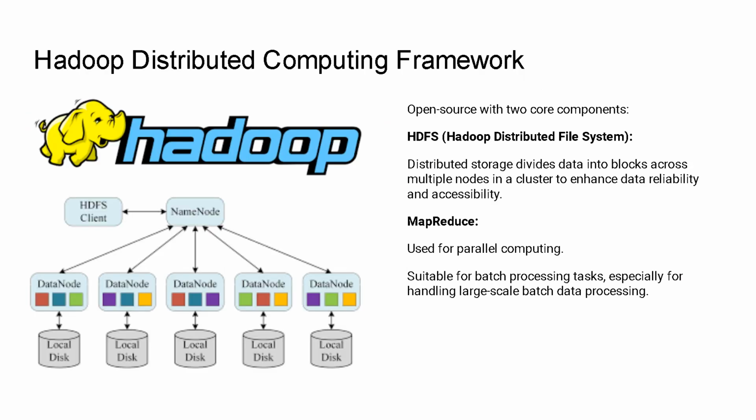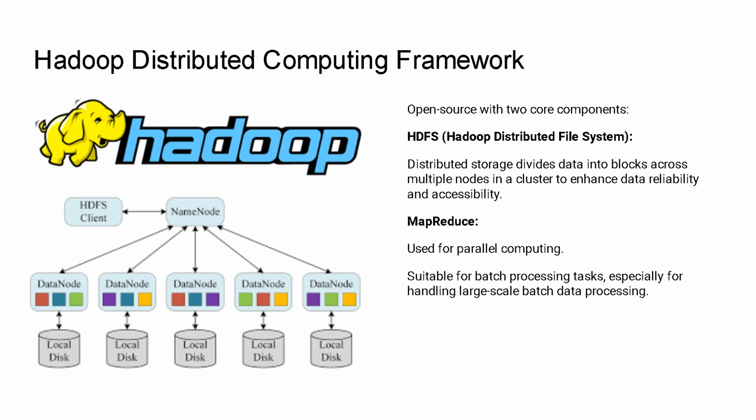When we talk about distributed computing, one of the first frameworks that we will think of is Hadoop. It is an open source framework with two core components. The first one is the Hadoop Distributed File System.